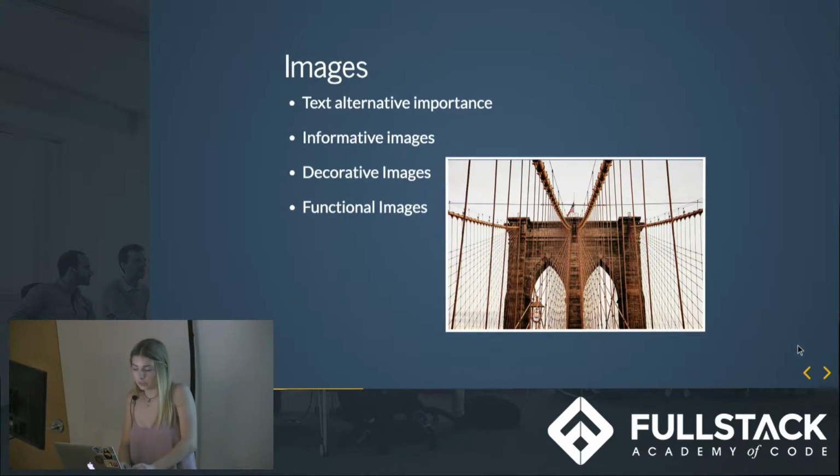And it is important for images to be accessible because people who use screen readers have images read out loud to them so they know what they are. There are different types of photos. Different types of photos have different alternative text requirements, so I'll go through a few of those.